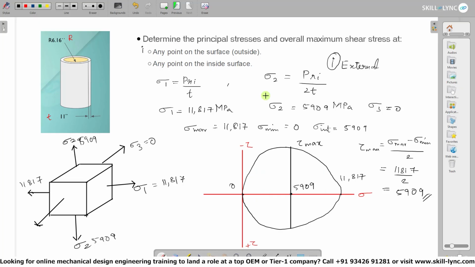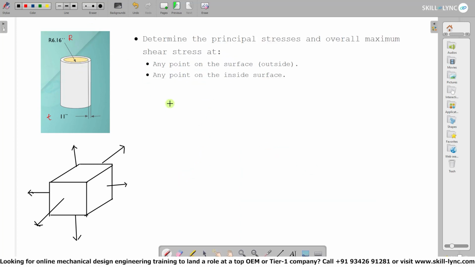With that, we'll go to solving the second statement, which is any point on the inside surface. As I said earlier, pressure due to a liquid is always inwards, and we know that this is inside the pressure vessel. So we'll write inside for better understanding.